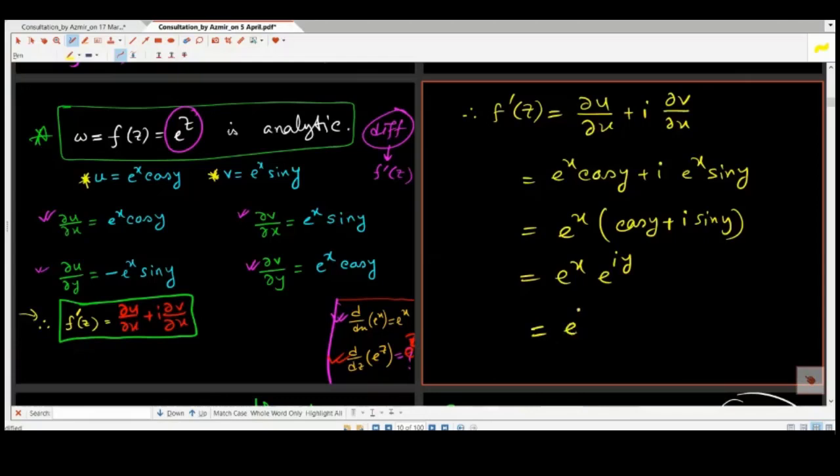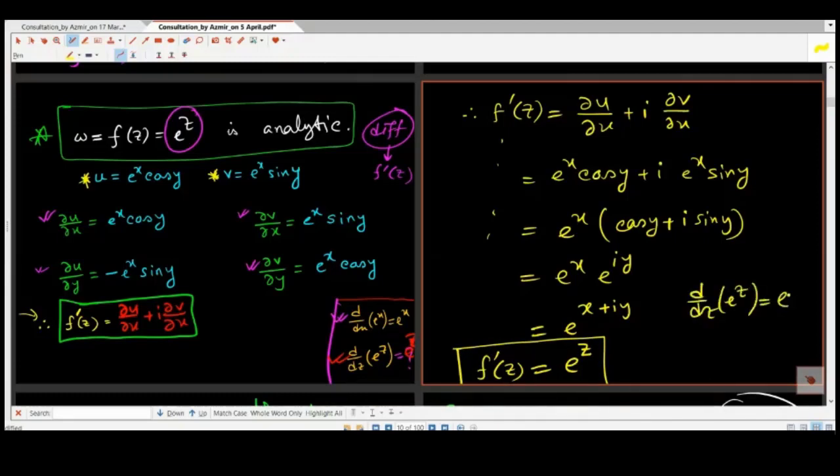So we can write e to the x plus iy from this equation. We know that x plus yi is z. That means we have found our result. That is, f prime of z is e to the z. So the derivative of e to the z equals e to the z.